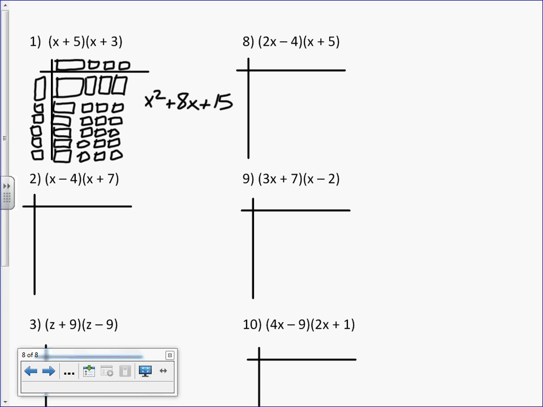All right, so here I have 2x minus 4. I'll put minus signs in all of those. And then I have x plus 5. So there's an x squared, there's an x squared.